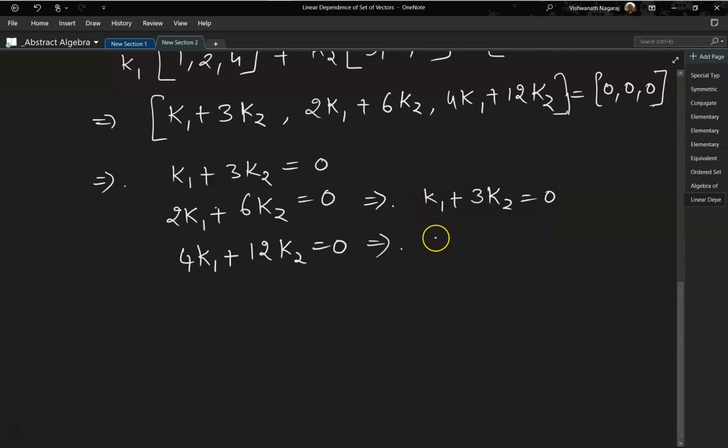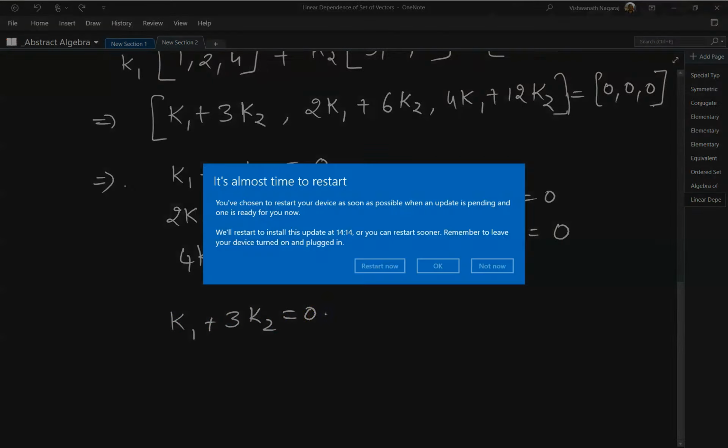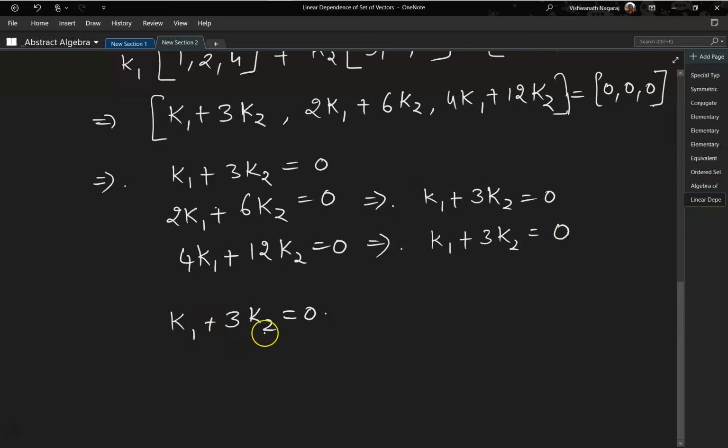If we take 4 common out, we get k1 plus 3k2 equal to 0. So all are the same. Now, which basically means that there are many values of k1 and k2 which satisfy this equation. So we take a value for k1 and we evaluate the corresponding k2.